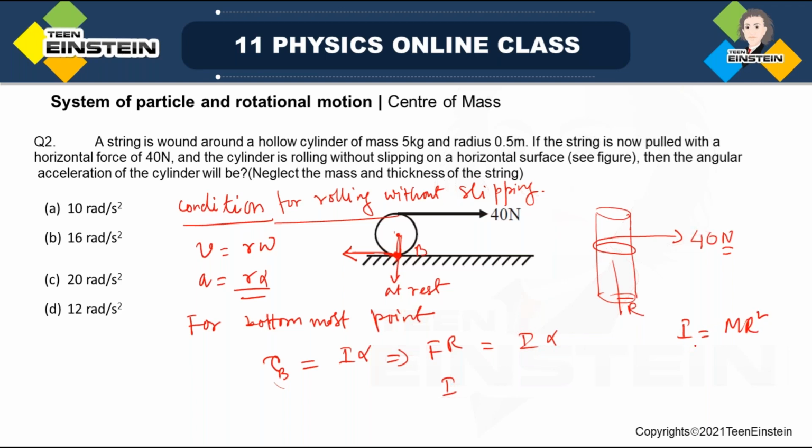This is distance R, the radius. So the moment of inertia about this particular point B, the axis passing through B, will be m r square, the moment of inertia through the center of mass, plus m r square. Why?